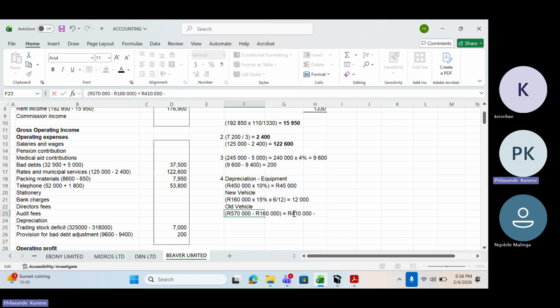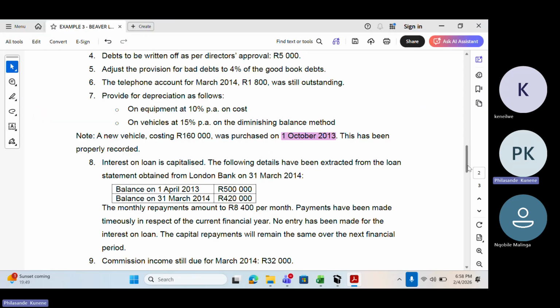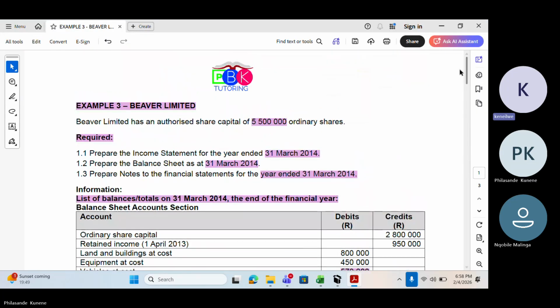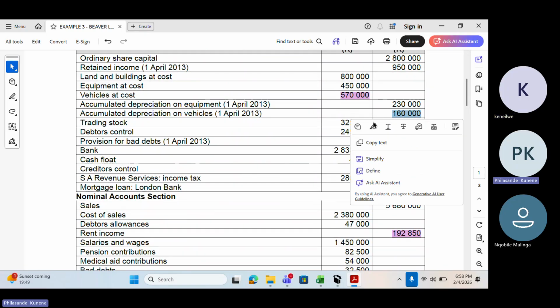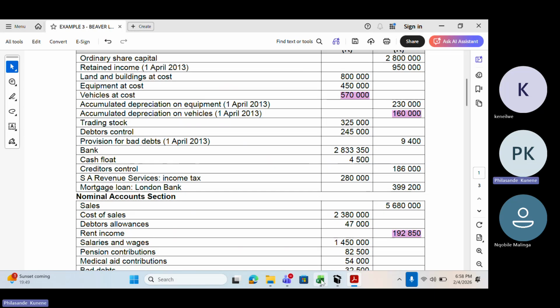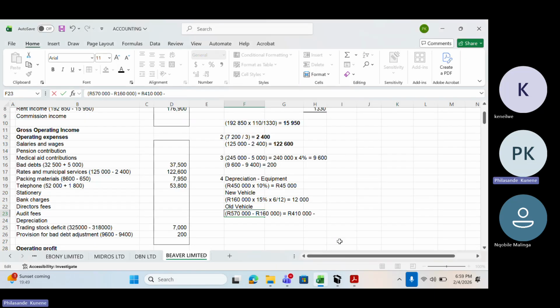And then what do we do now? We're saying minus again, and then we're going to go to the trial balance. We're going to take the accumulated depreciation on vehicles, which is minus 160,000. We're subtracting another 160,000, and then how much are we getting? 250,000.